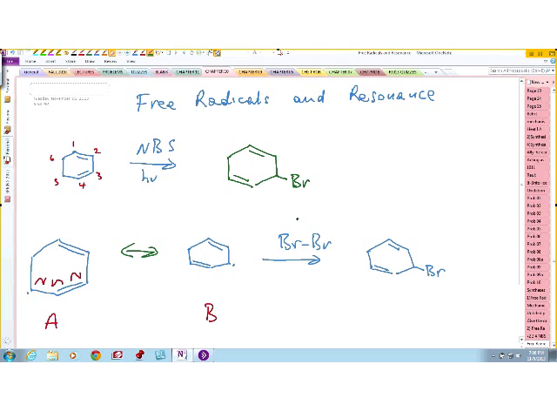What that is asking you to do is show resonance, because that is the only way the free radical will be on this carbon.